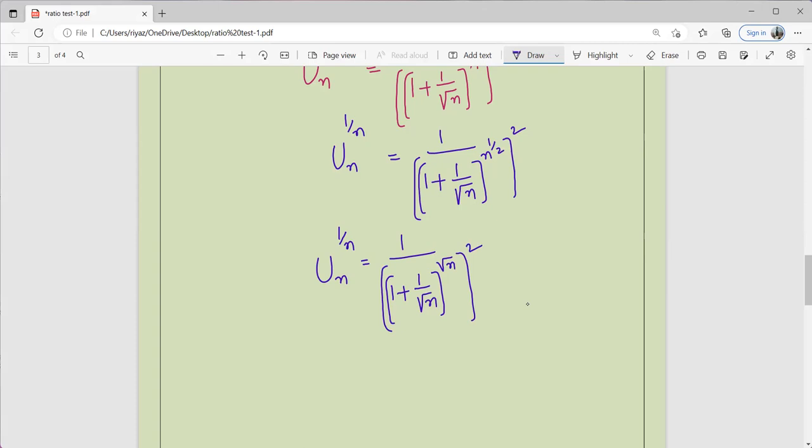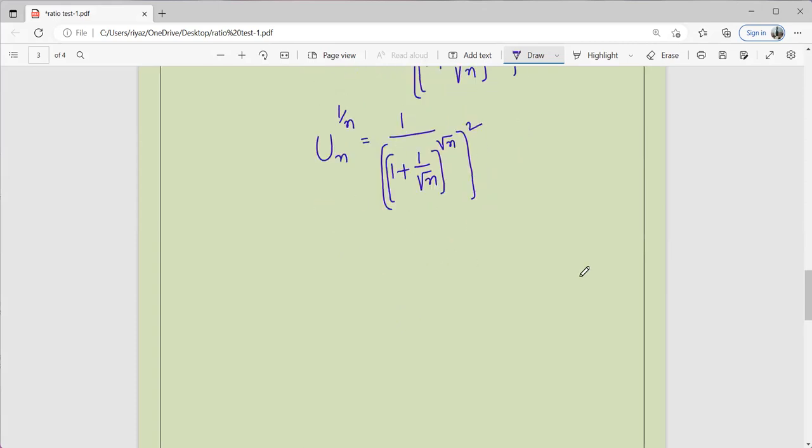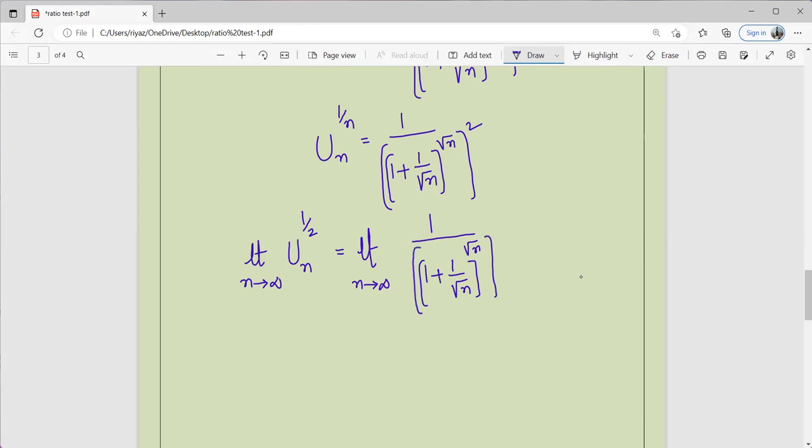Now taking limit n tends to infinity on both sides. Limit n tends to infinity un to the power of 1 by n is equal to limit n tends to infinity 1 by 1 plus 1 by root n whole to the power of root n whole to the power of 2.